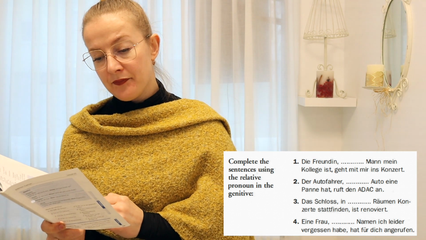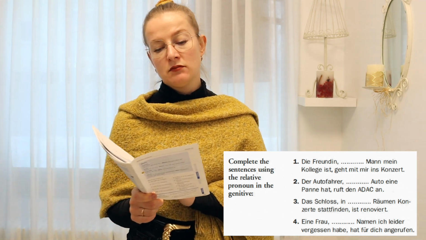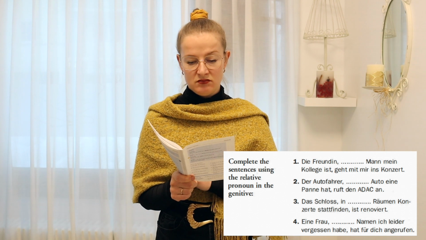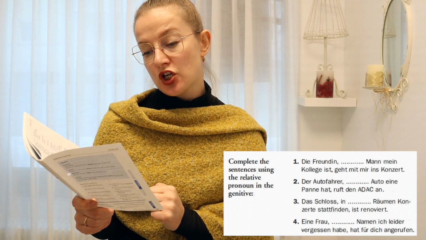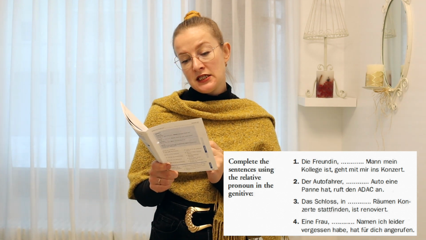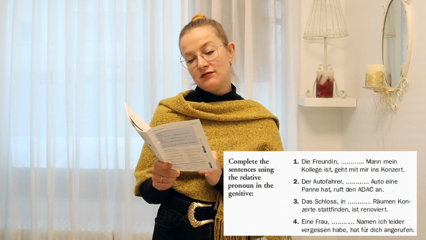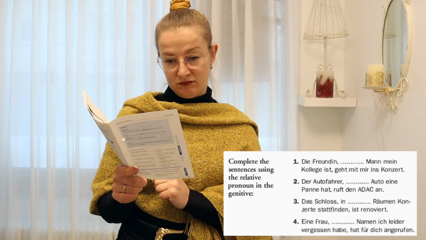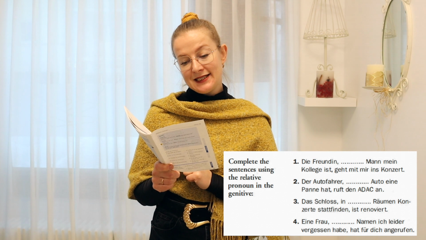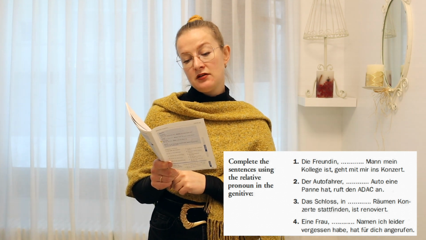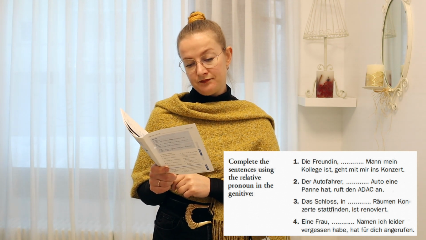Der Autofahrer, dessen Auto eine Panne hat, ruft den ADAC an. Gelbe Engel, right? Nummer 3. Das Schloss, in dessen Räumen Konzerte stattfinden, ist renoviert. Und Nummer 4. Eine Frau, deren Namen ich leider vergessen habe, hat für mich angerufen.